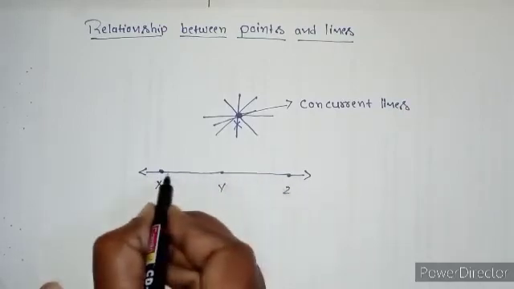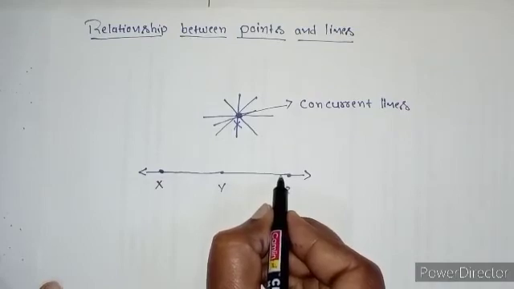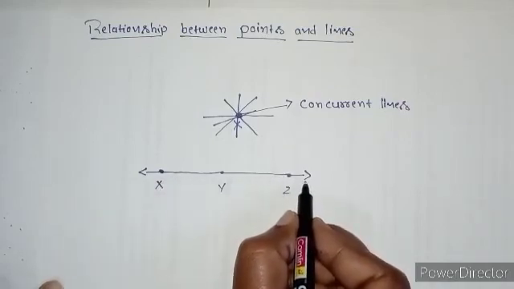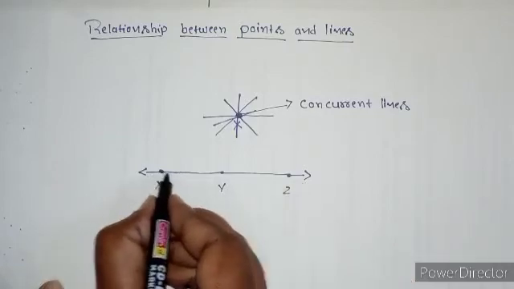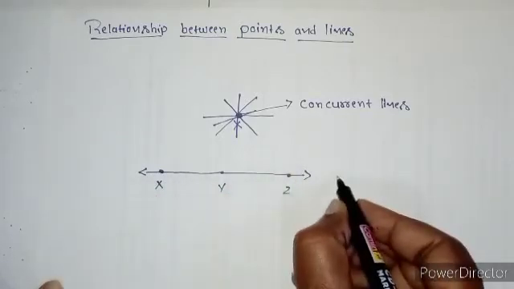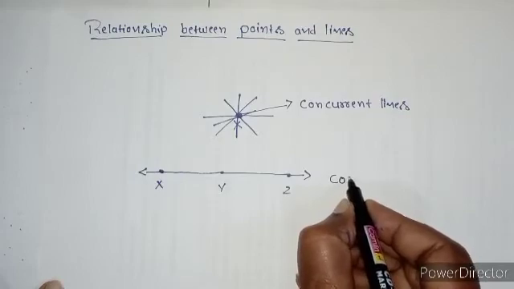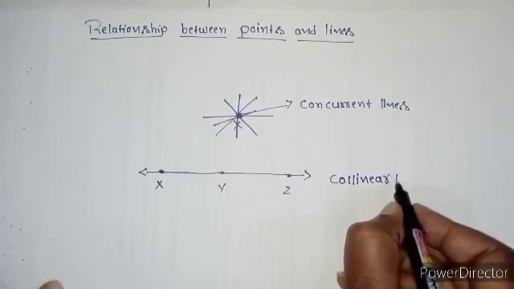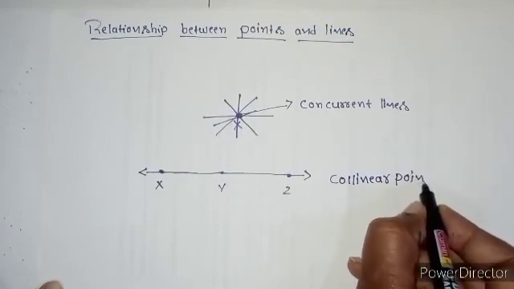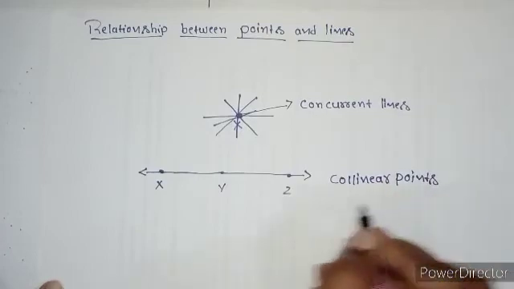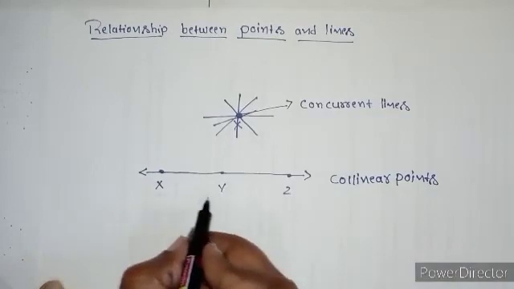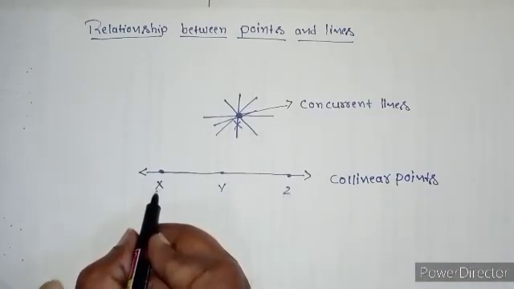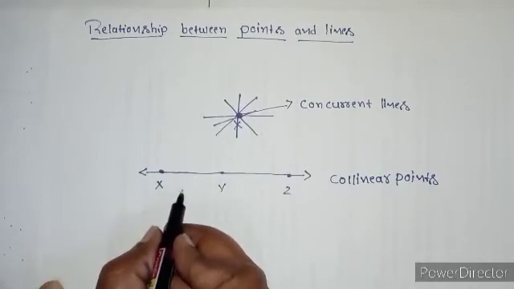So this is a straight line, right? The points are said to be collinear points. These points are called collinear points. Here x, y, z are points on line x y, right?